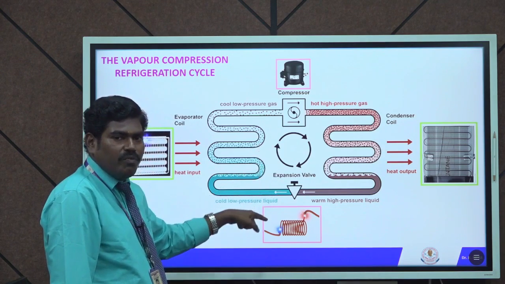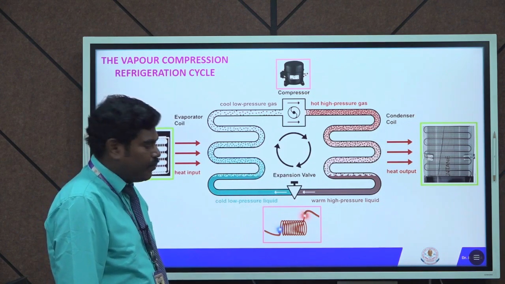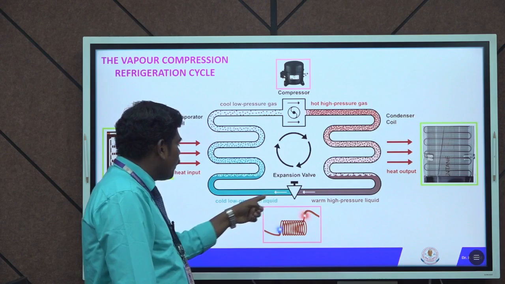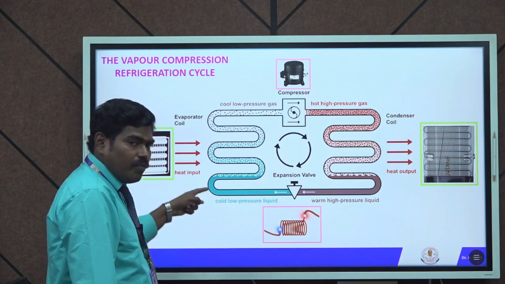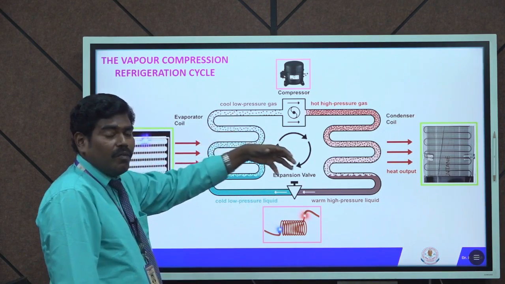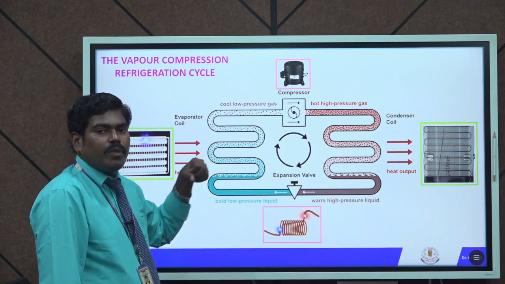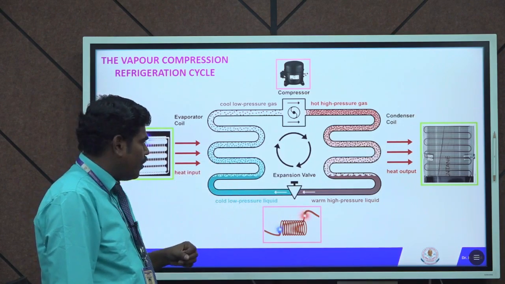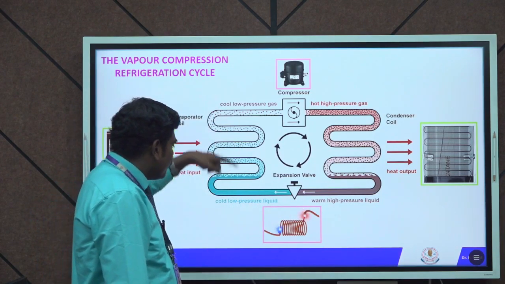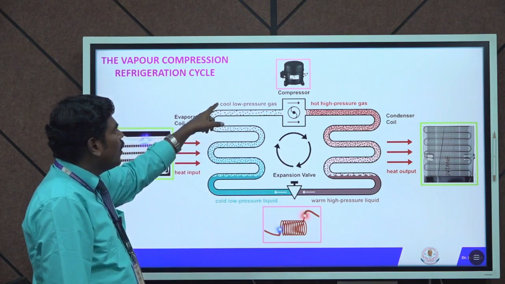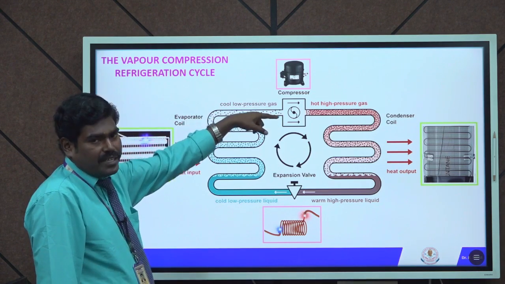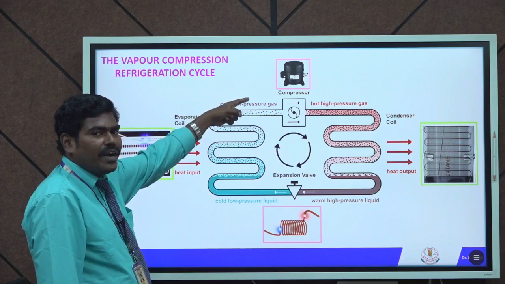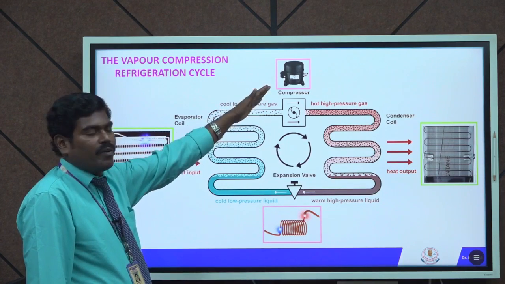It is also in liquid form but low pressure is maintained. That low pressure cold liquid flows through the evaporator, and the evaporator's role is to absorb heat from the food substance inside the refrigerator. Then that low pressure cold liquid becomes a cool low pressure gas. The liquid is converted into gaseous form or vapor form.